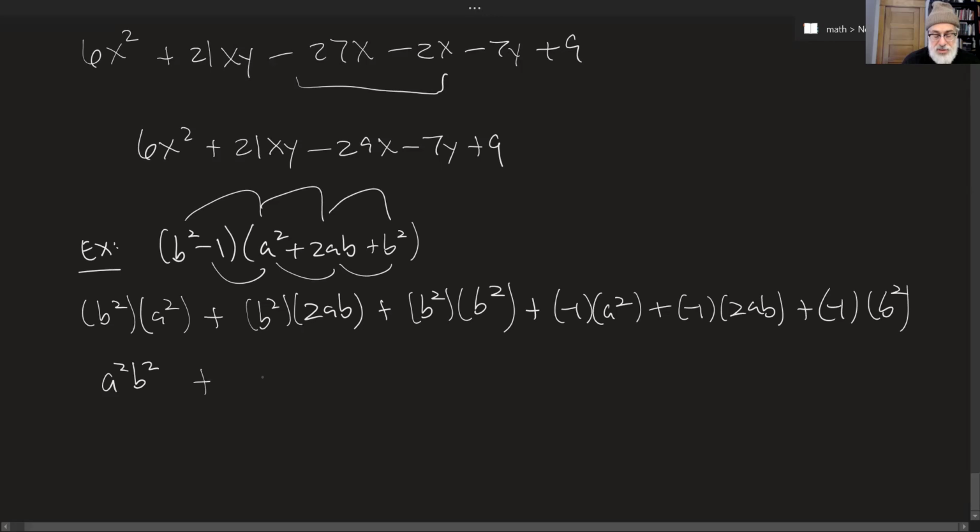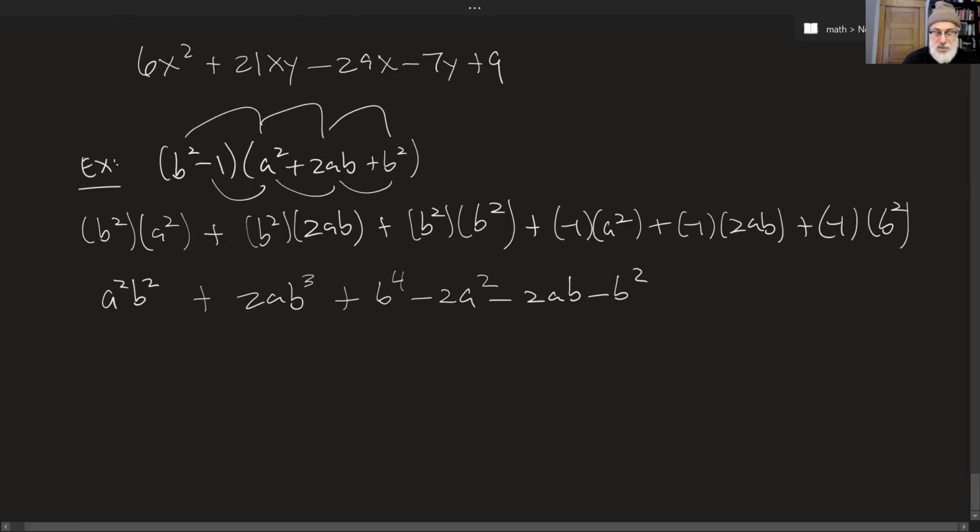All right, b squared times 2ab becomes 2ab. Now, b is the same base, so I'm adding 2 and 1. This becomes a cubed. This becomes b to the 4th minus 2a squared minus 2ab minus b squared.